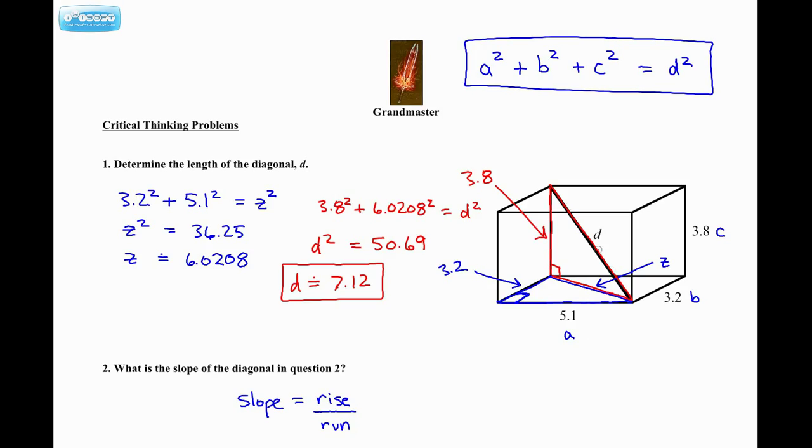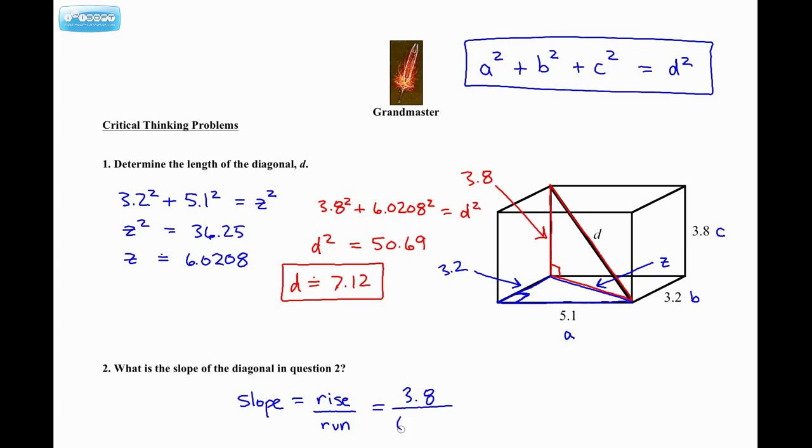So the slope of this line here is just going to be the rise, which is up and down, and the run, which goes along here. It turns out we know all of those numbers already. What's the rise? Well, the rise is 3.8. That was already given. What's the run? Well, that's this diagonal right here. Remember, that's what we figured out in blue.